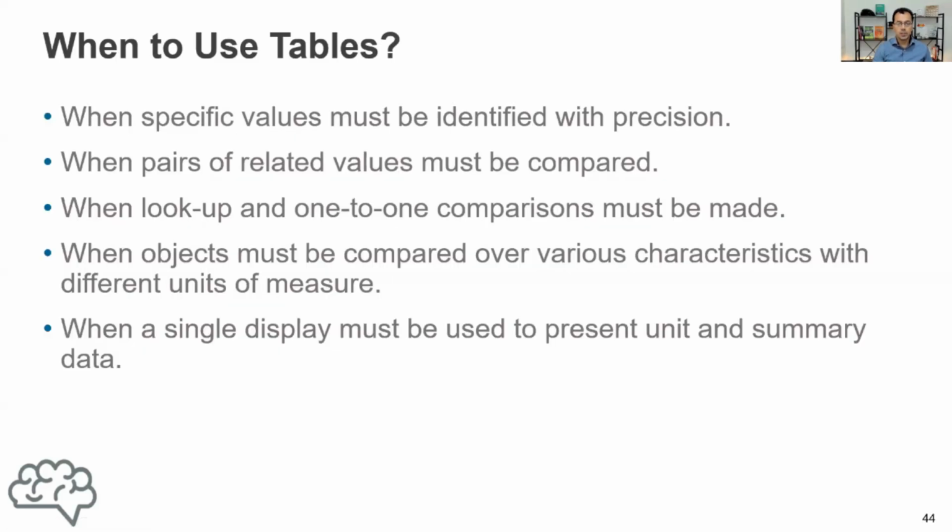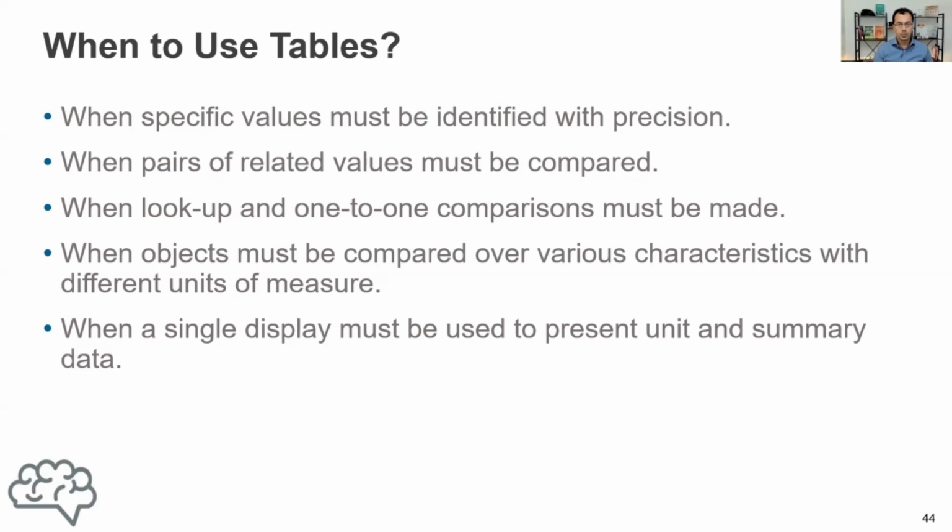The first thing that we need to understand is when should we use tables or when should we use graphs? Tables are usually employed when we want to show specific values and we want to show those values with precision, because the tables allow you to input the numerical value representing a given variable.